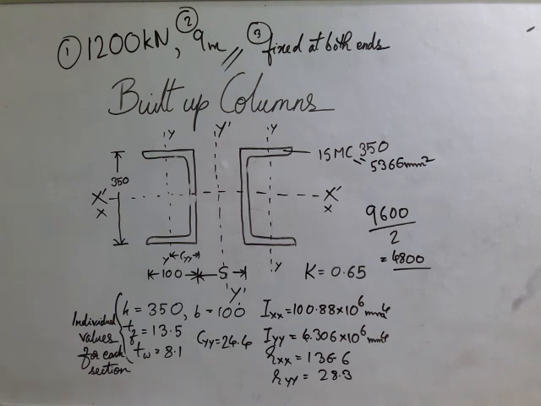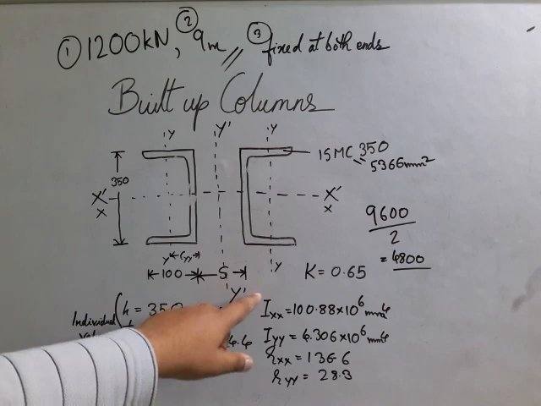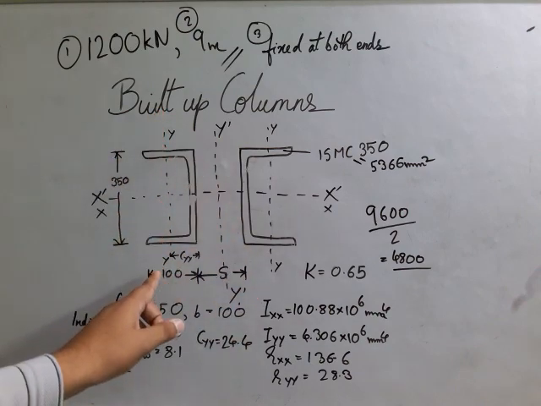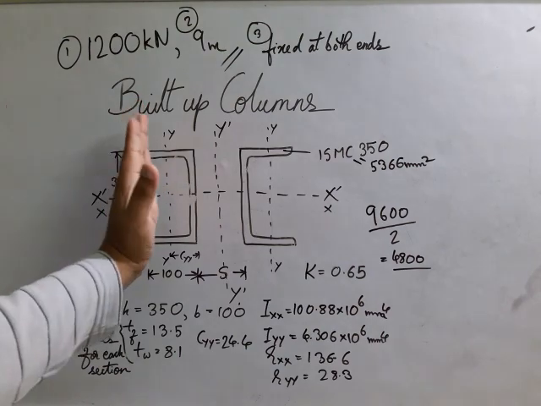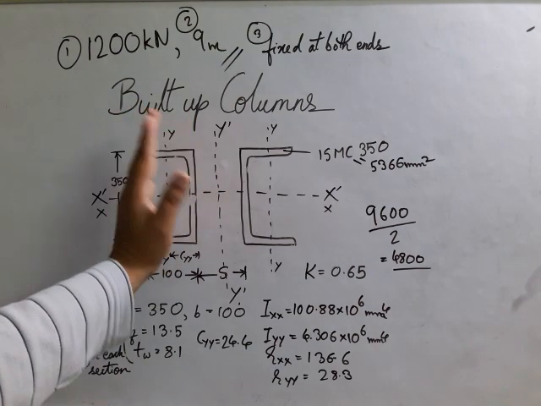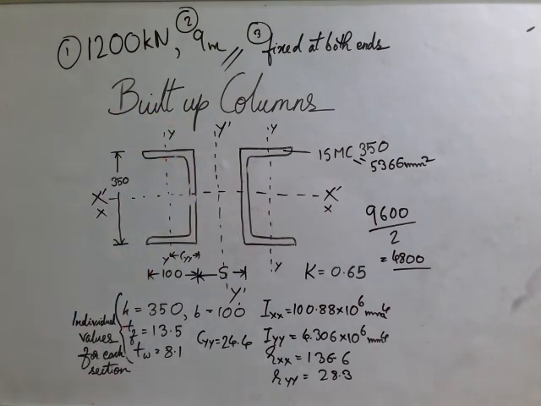But that is not the case here. The case here is that the Iyy value is lesser than Ixx, so it is weaker about y, and whatever load we give, it will rotate like this. Same goes for this one.